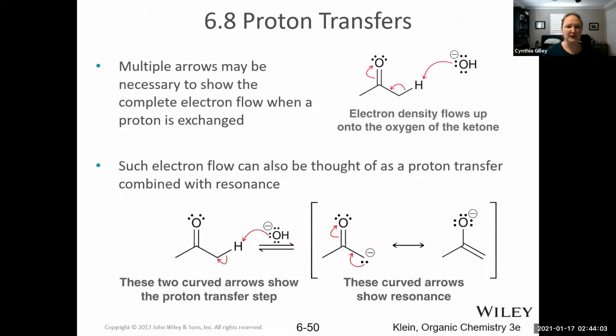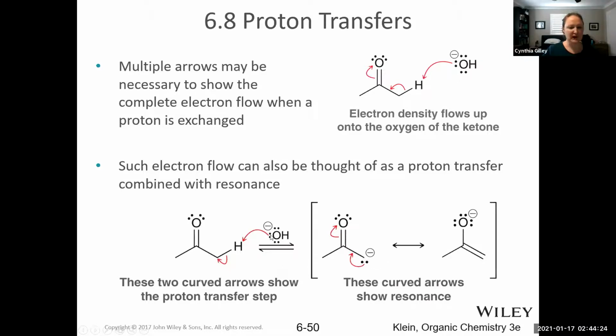Here's another example of a proton transfer. In this case, you can see there's 3 arrows used instead of 2, and that's because they're combining it with resonance, and that's very common. There are 2 ways to show the hydroxide coming in to deprotonate this proton.